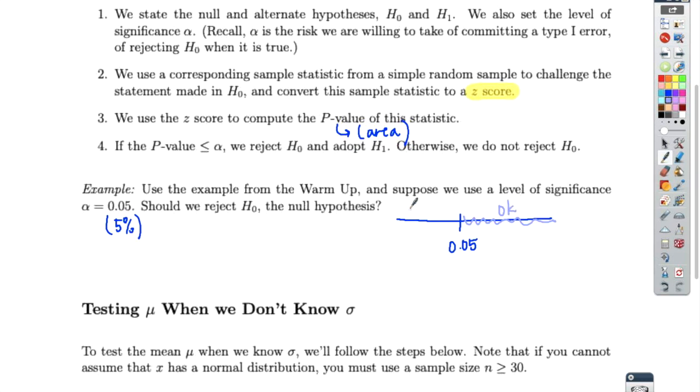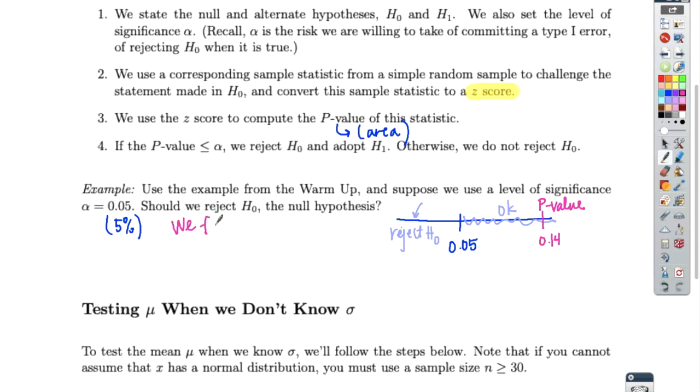If our p-value is over on this side, then we reject our null hypothesis, H0. Now remember, our p-value from that problem was 0.14. Here's our p-value. And so we're still in the okay range. Even though 14% is a fairly low probability, it doesn't cross over this threshold where we would actually reject our null hypothesis.